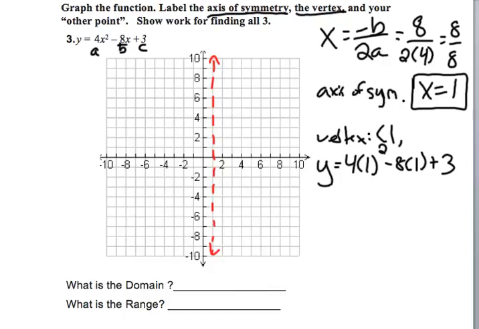So we have 4 minus 8 plus 3. So 4 minus 8 is -4. -4 plus 3 is going to give us a -1. So our vertex is sitting right there.